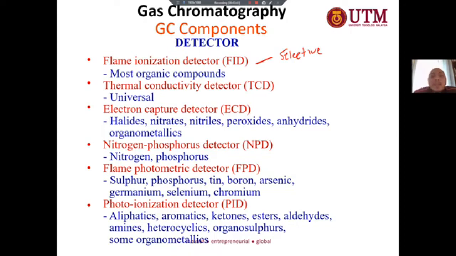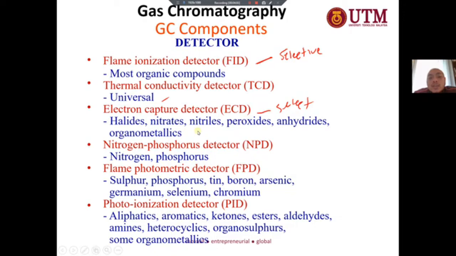So you need to be able to understand which kind of detector is useful. Then you have the thermal conductivity detector. TCD is universal, so it's already mentioned over here. ECD is the selective one, for halogenated compound, nitrates, nitrile, peroxide, anhydride, and organometallic.